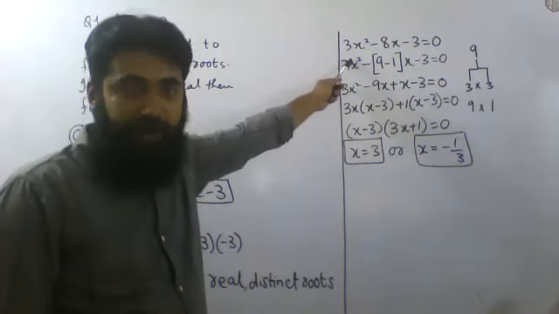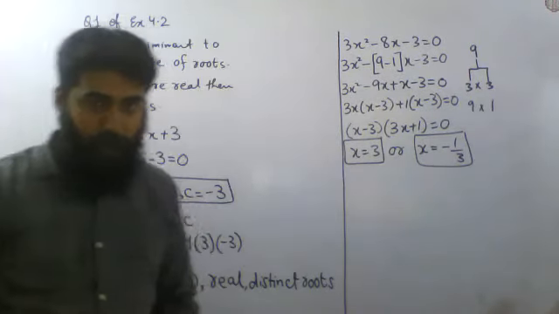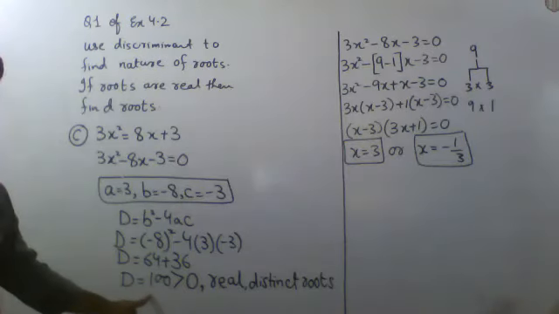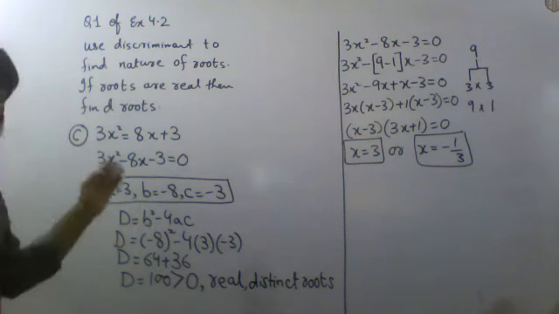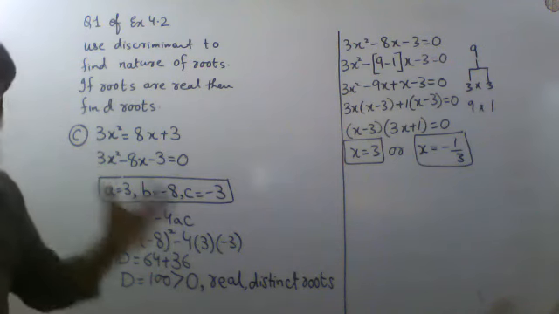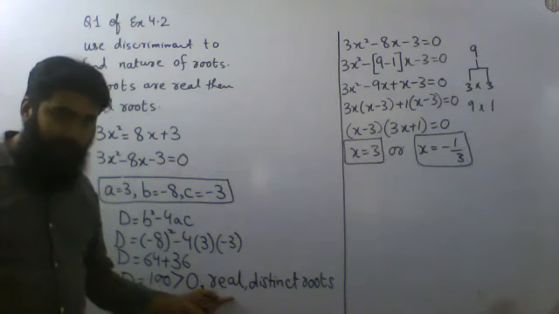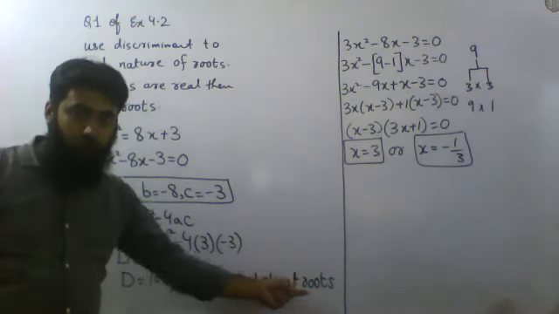When I have solved my given equation, these are the two values of x I am getting, which is according to this: when I have taken discriminant and found the nature of the answer, they were saying that you will have real answers and two different answers. Distinct roots, different answers.